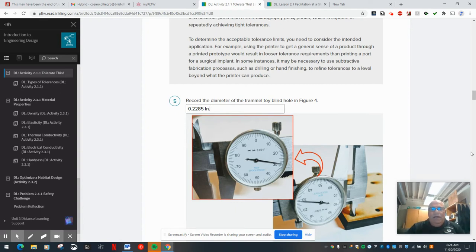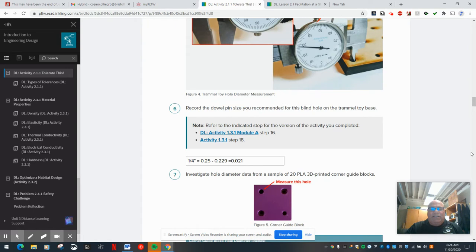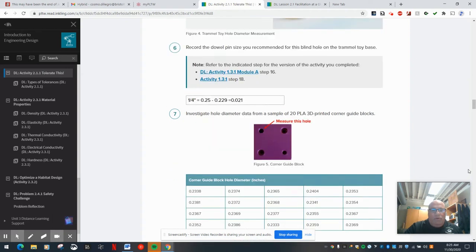Moving down to six, it says record the dial pin size you recommended for this blind hole. If you picked quarter inch or 6 millimeters, you're okay with that. Not a big deal. 6 millimeters or quarter inch.